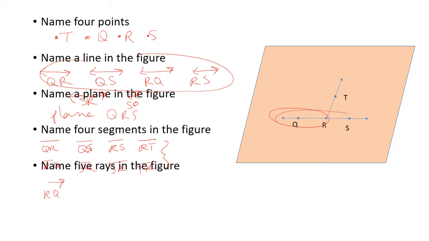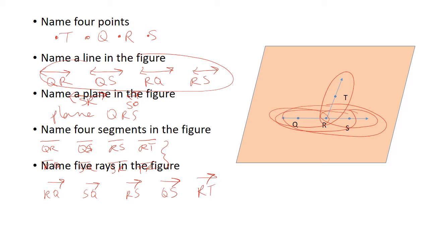We could also say ray SQ. You could do them going the other way. You can have this ray, and you could have that ray. So we would have ray RS and ray QS. And then this one up here is going to be the next one. So that would be ray RT. So that's the 5 rays.